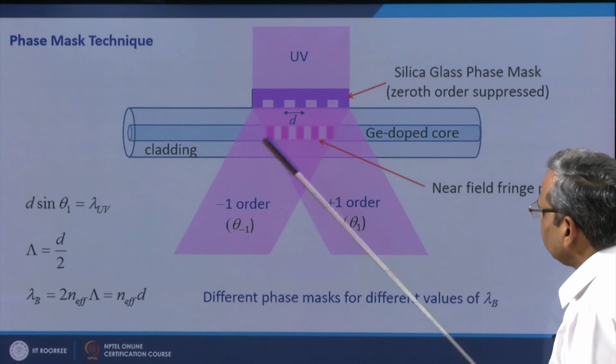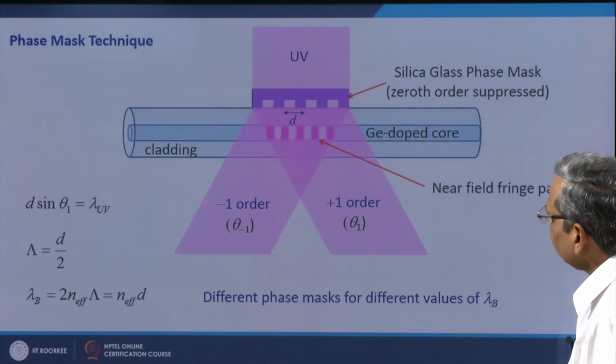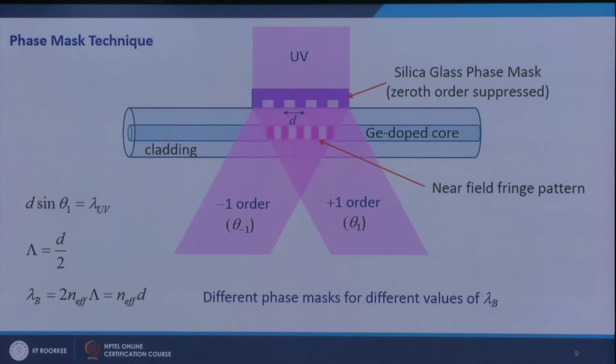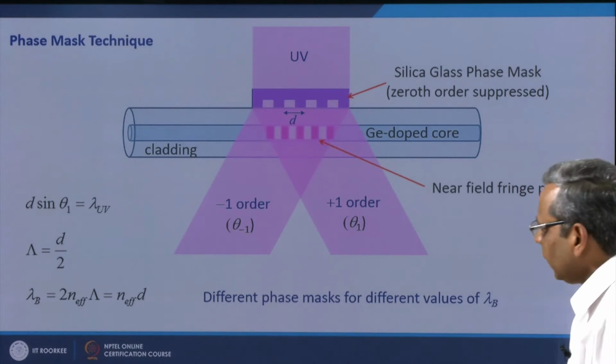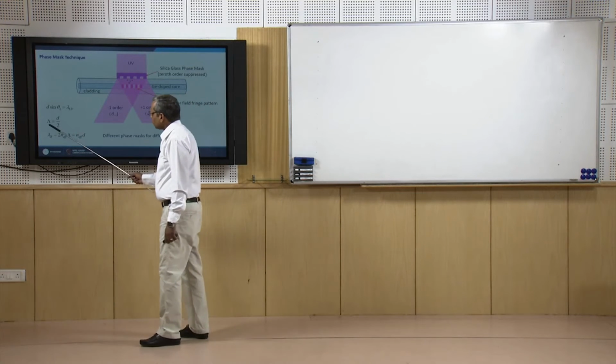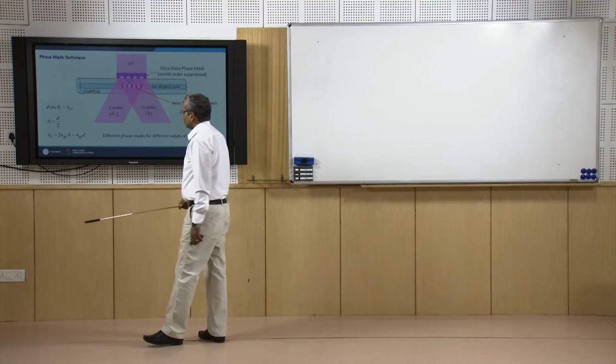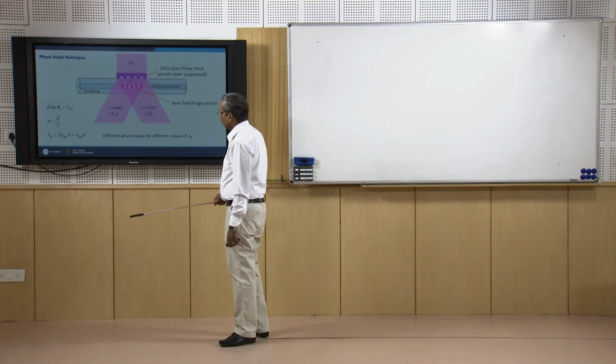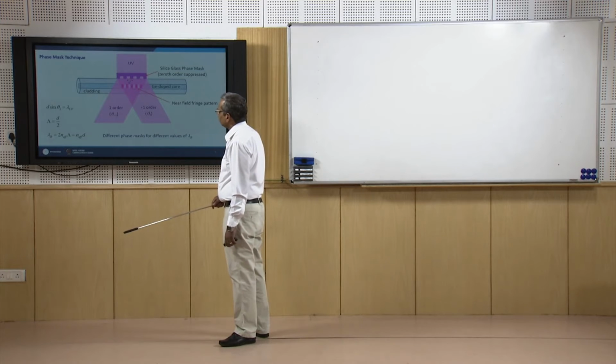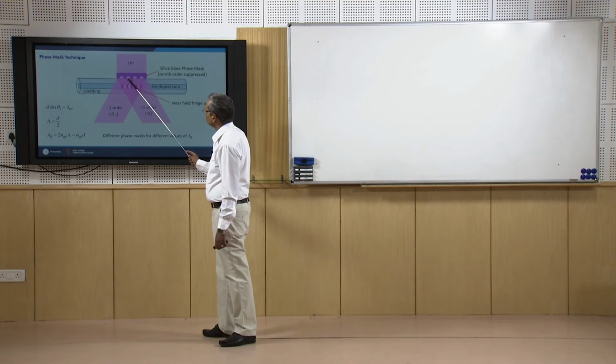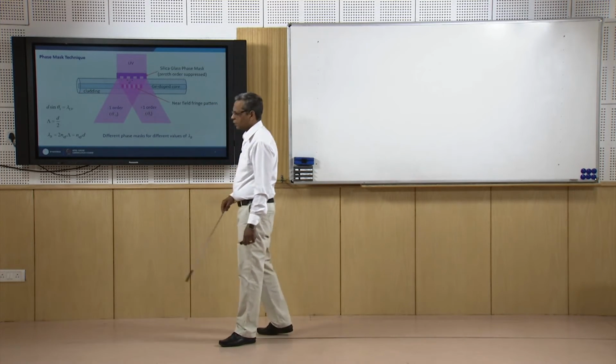So, this fringe pattern via the photosensitivity creates the refractive index modulation in the germanium doped core, and the periodicity of the grating or the grating period is given by d by 2 if d is the periodicity of this phase mask.